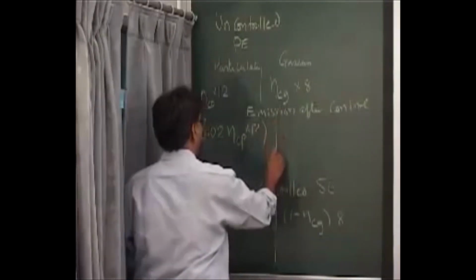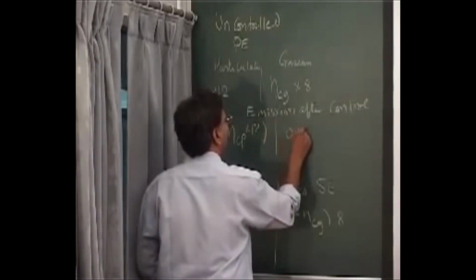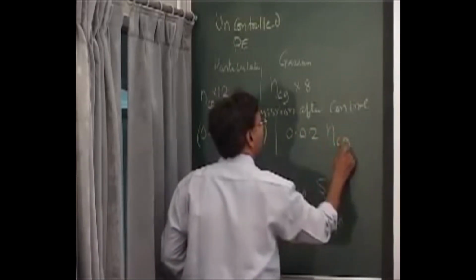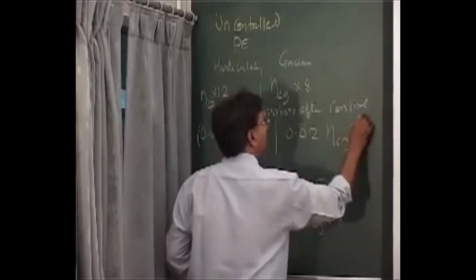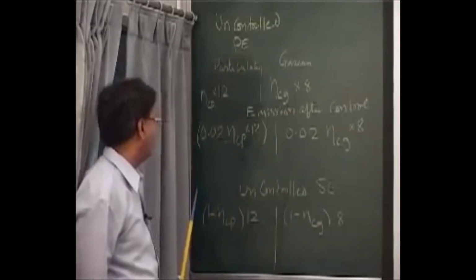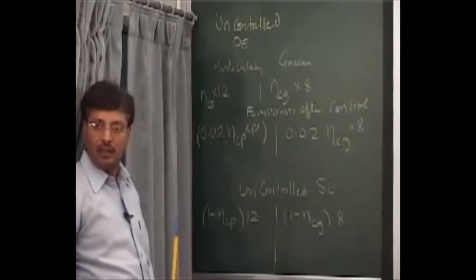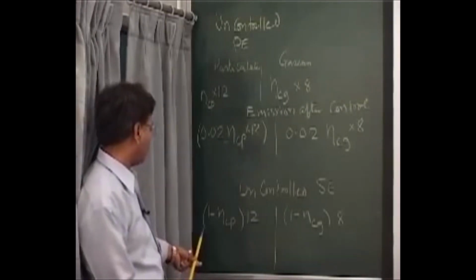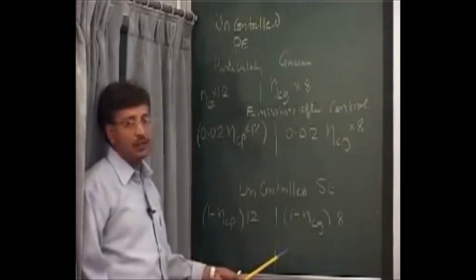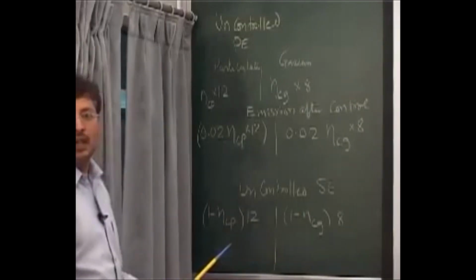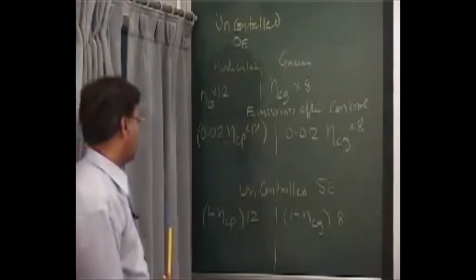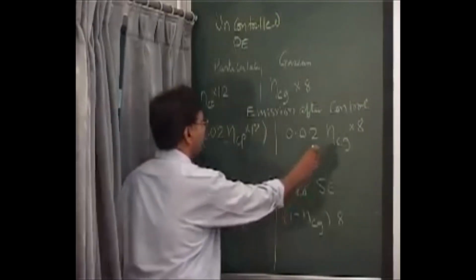And here again 98% is removed, the left is 0.02 into 8. Agreed? Similarly, what do I write here? Out of this, how much is controlled in secondary? How much percent is controlled in secondary? 60%. So I can write here for the gaseous side.